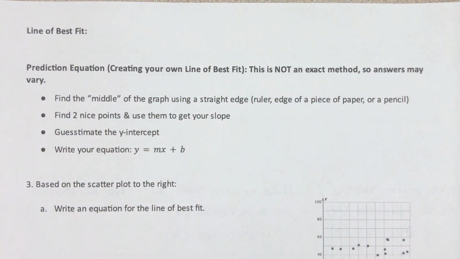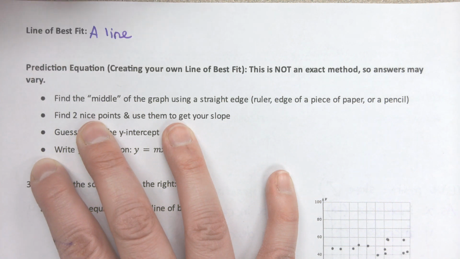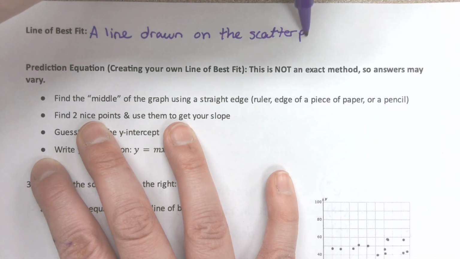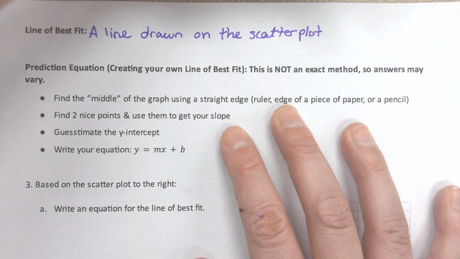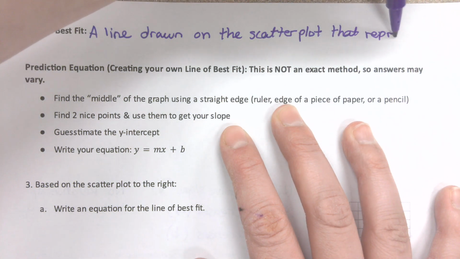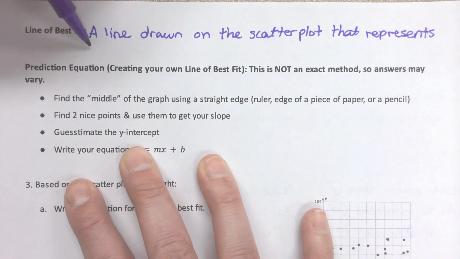Line of best fit, I've already discussed it a little bit. I'm going to give more context to what that is. A line of best fit is a line drawn on the scatter plot that represents the data.